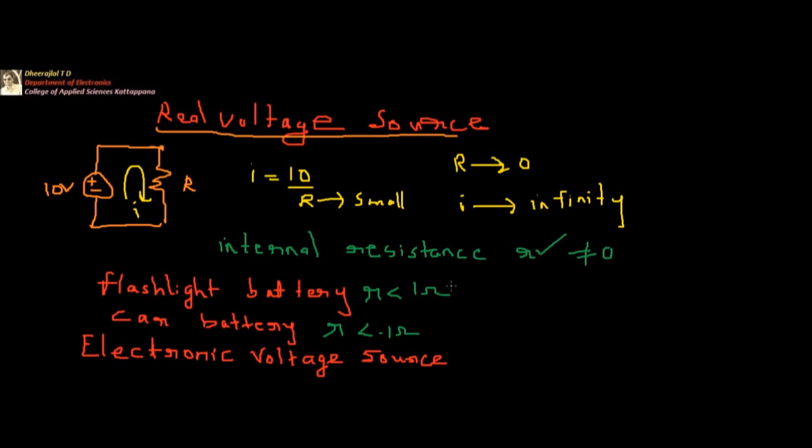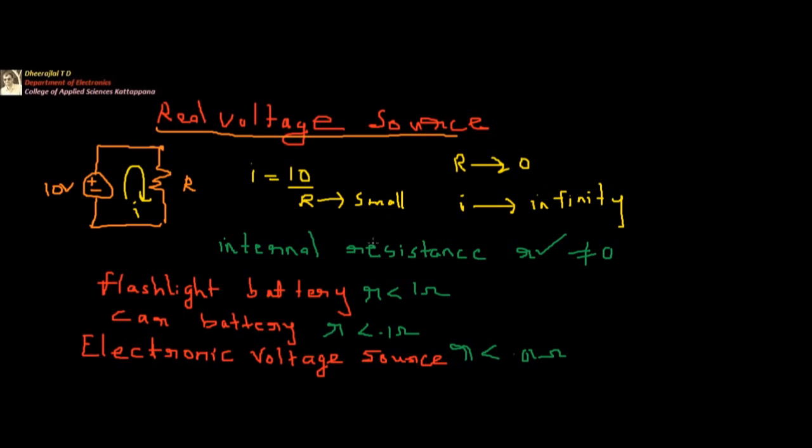But one thing is clear: whether it's a car battery, a flashlight battery, or an electronic voltage source, all of these definitely have some internal resistance. That means it cannot produce an infinite current, because this r can never be zero.